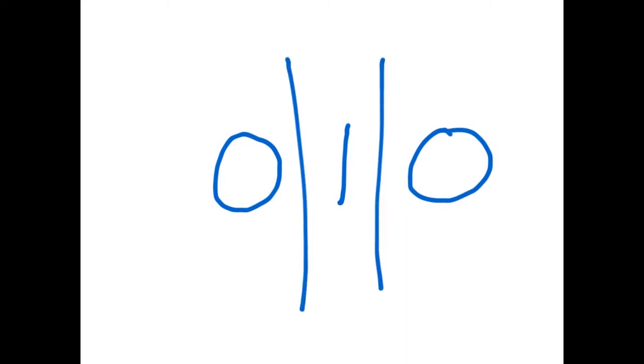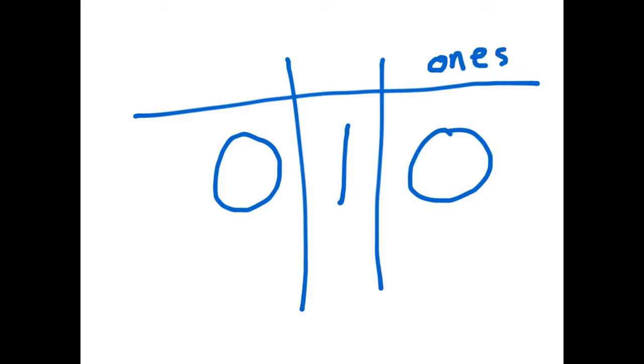So when you write out a binary number, like this for example, we can put it in columns just like we normally would. We always have the ones column, and that's true in any base, whether it's base 10 or base 2 or whatever the case is, you always have your ones column on the far right. Now, next to that, we have the base, whatever the base happens to be.